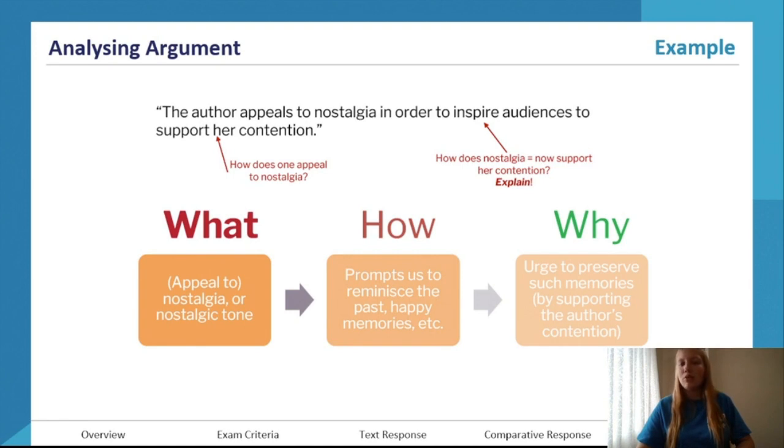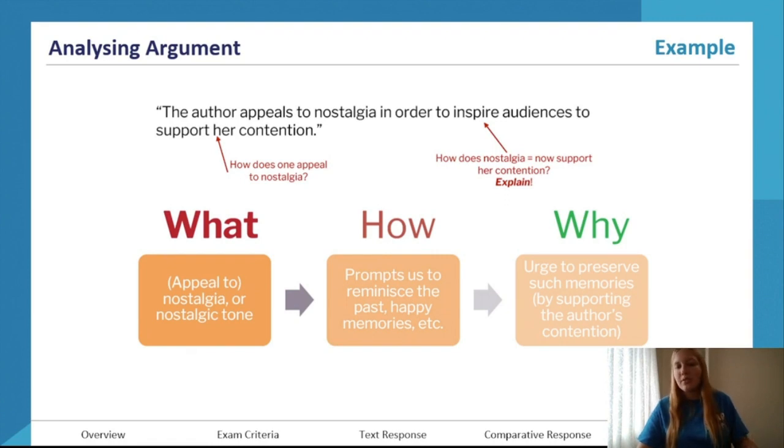So we can talk about the why. It prompts us to reminisce about the past, happy memories, etc. Mention that link. The intended effect, appealing to nostalgia, will make the audience think about the past, right? Supporting her contention. Why and how does it support her contention? So, for example, because of an urge to preserve such memories.